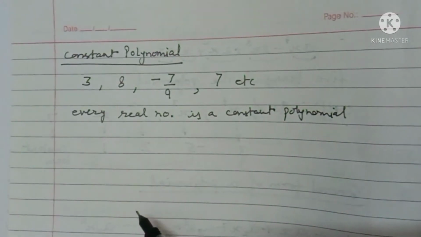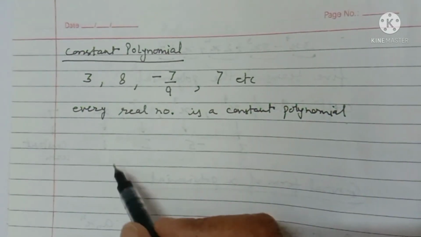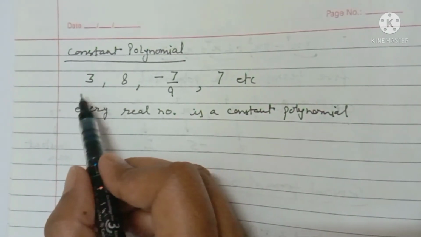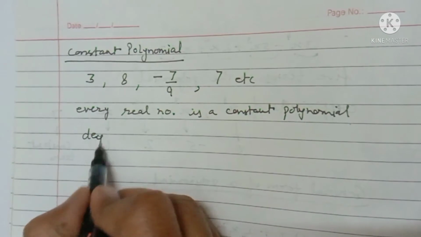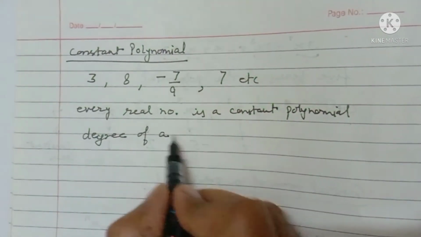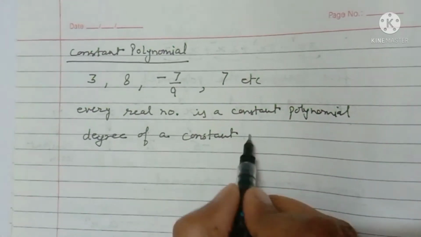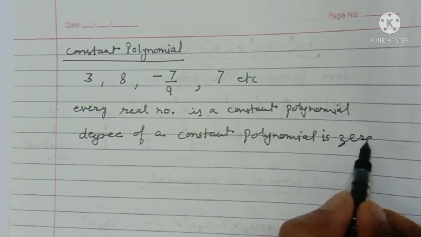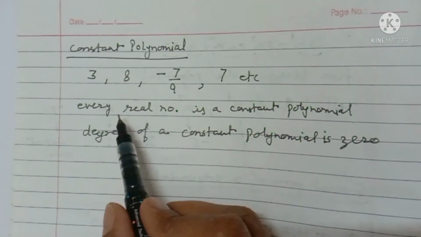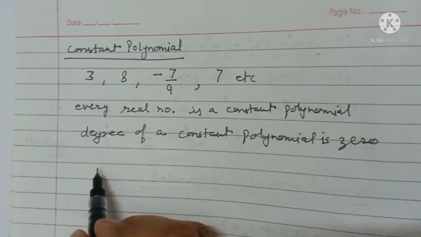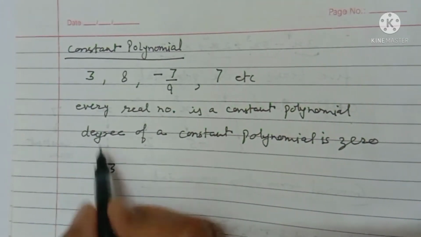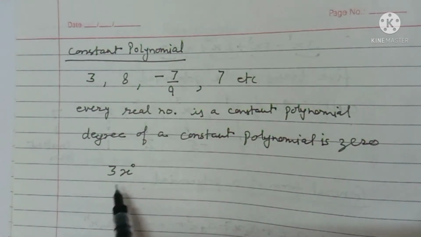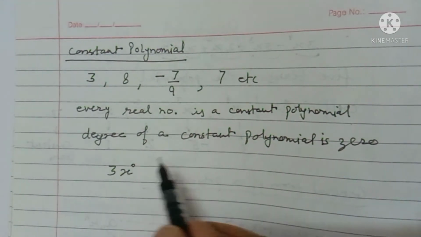Now, the degree of a non-zero constant polynomial is 0. How to say that the degree of a constant polynomial is 0? If there is a term 3, you can write 3x to the power of 0, and the value of x to the power of 0 is 1.